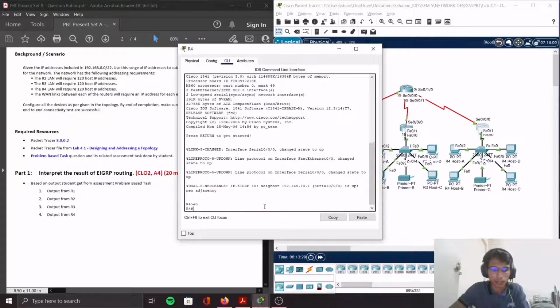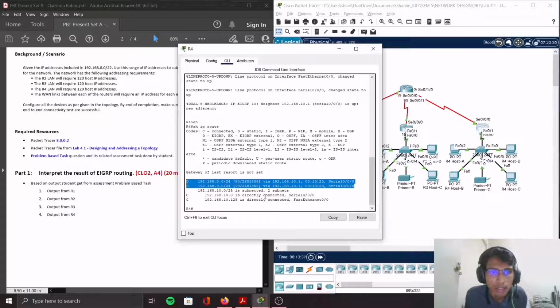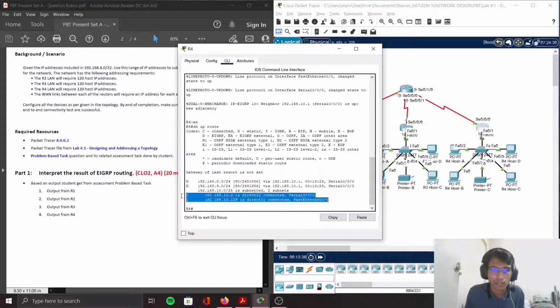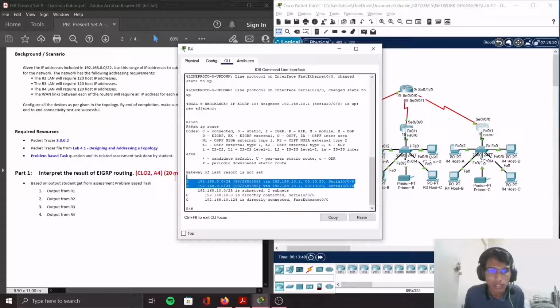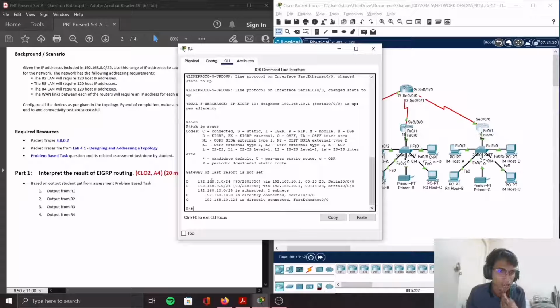Give the enable command, then show ip route. We can see three networks connected via EIGRP and two networks connected directly. Let's see the EIGRP routing, because we are interpreting the result of EIGRP.